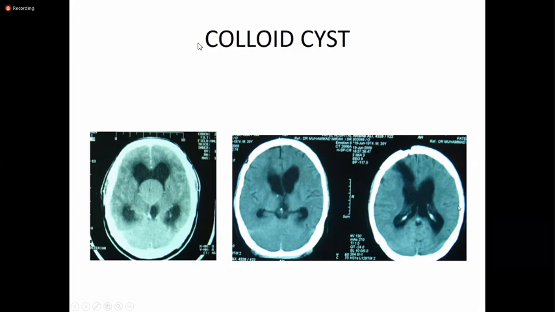This is another sign of relaxed brain. You can appreciate these sulci over here, whereas in this, no sulci were visible and the brain was very tight. The ventricles will come down slowly within a few days.